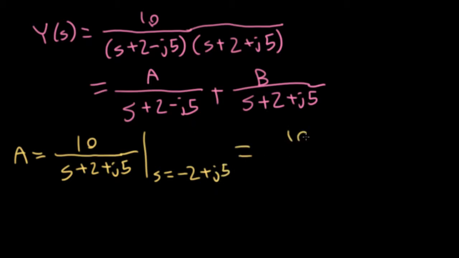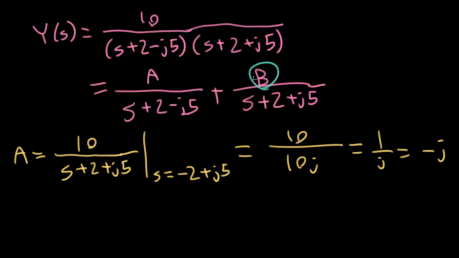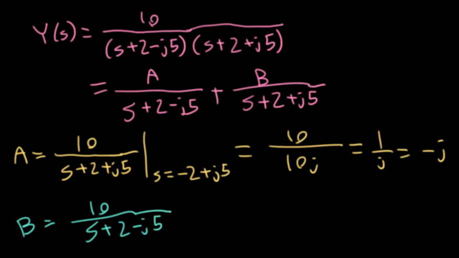And this will give me 10 over, let's see, when I plug minus 2 in here, the 2's wind up canceling, and I wind up with 10j in the denominator, which is just 1 over j, which is minus j. Oh, that's kind of nice. Here for B, we'll have 10 over s plus 2 minus j5, because the residue method in this case will tell me to cover up the term with the plus in front of the j.